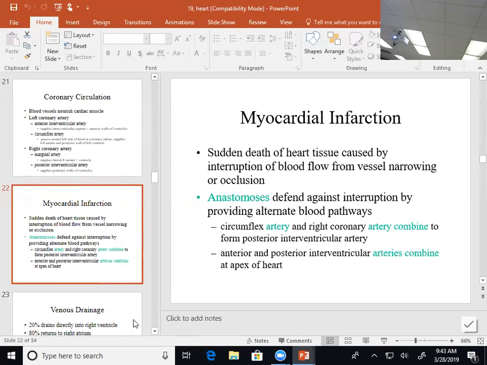We know the things that can cause blockage. If it's happening over a slow period of time, this is kind of a beautiful thing, because our bodies will acclimate. And anastomosis is a term that's used not just for the heart, but it happens in the heart, where the body will eventually reroute blood through other vessels to get to that tissue, if it's happening over a slow period of time.